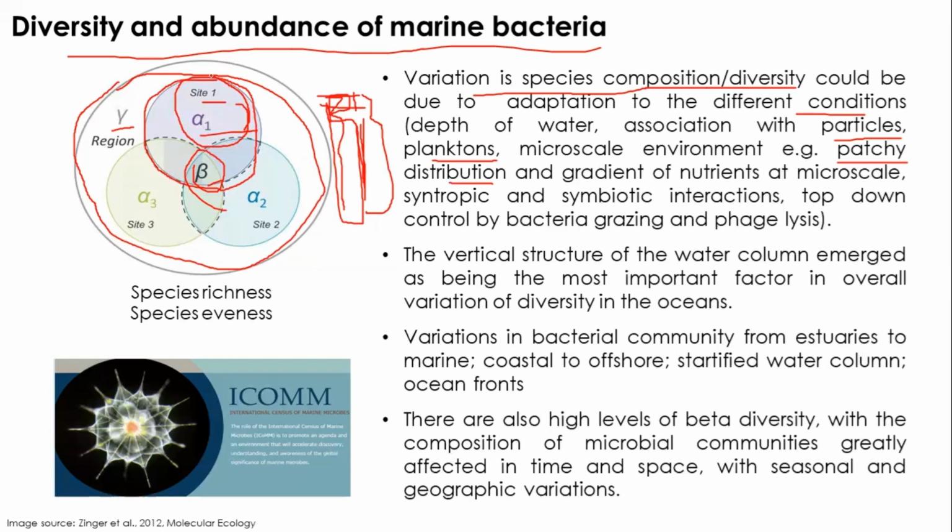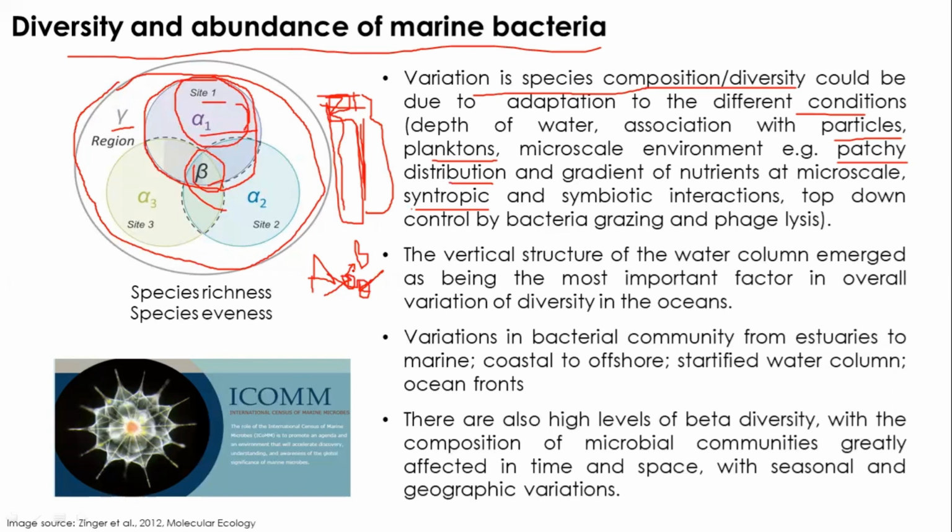Apart from that, there would be certain bacteria which are syntrophic. What does a syntrophic relation mean? If there are two bacteria, let's say bacteria A and bacteria B, bacteria A is producing some nutrient, and bacteria B is producing some nutrient. A cannot produce this particular thing, so it will uptake. B cannot produce this thing, so it will uptake, right? So that kind of interaction will happen.